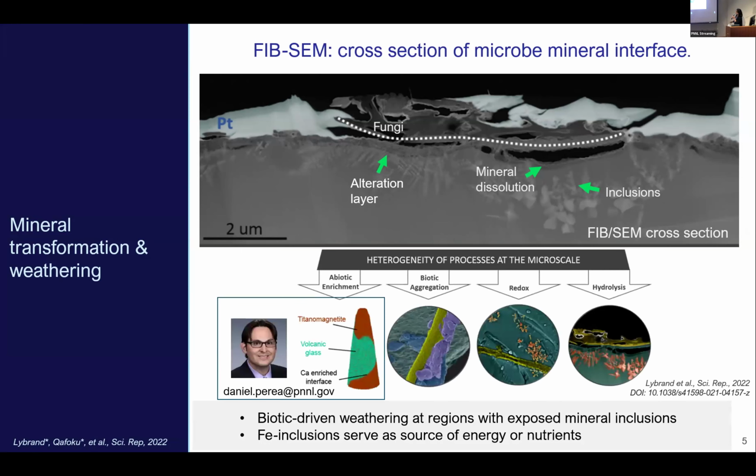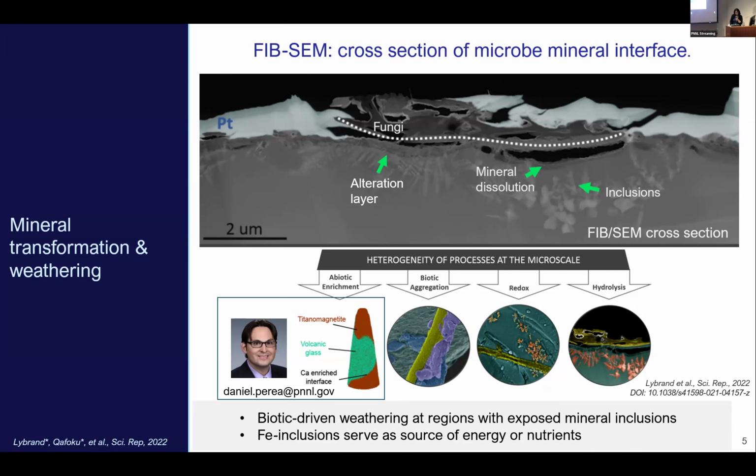Putting everything together gives us a lot more information about what is happening in that region, specifically the fact that the fungus is looking for nutrients and energy, and that's why it is co-located there with iron-rich inclusions. All this information is being gathered using one technique alone.